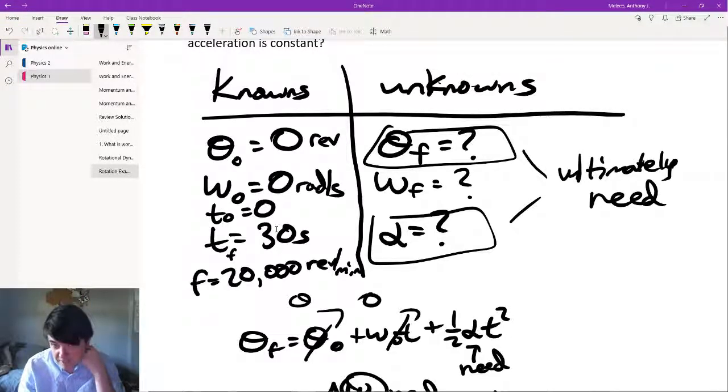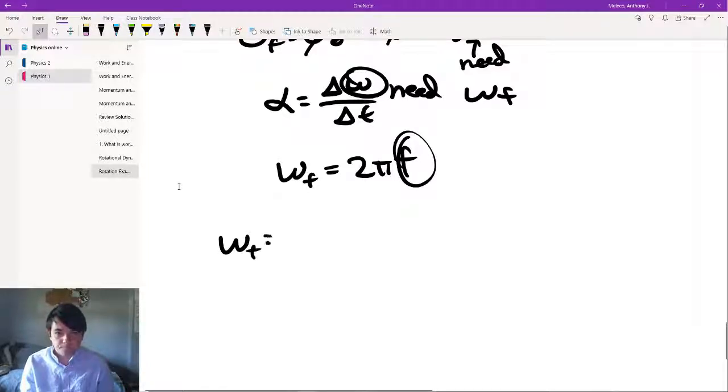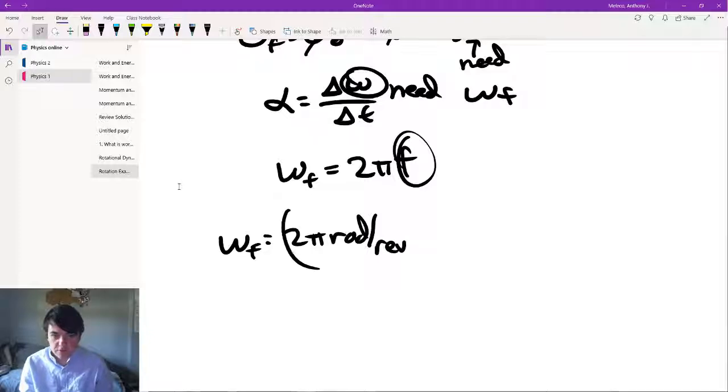So we need to convert it into radians per second, preferably. We plug into the formula: omega equals 2 pi, and this 2 pi is our radian per revolution, times our frequency, 20,000 rev per minute.